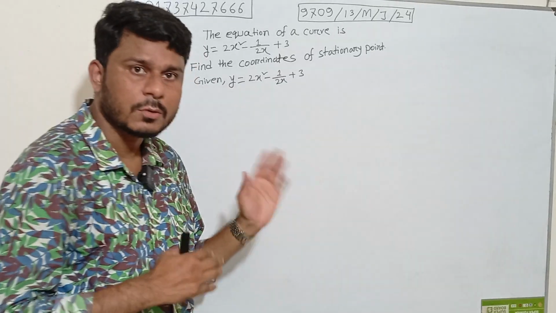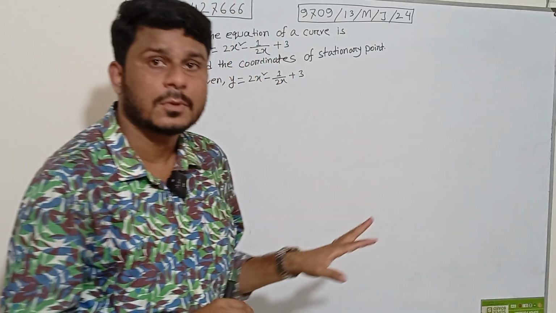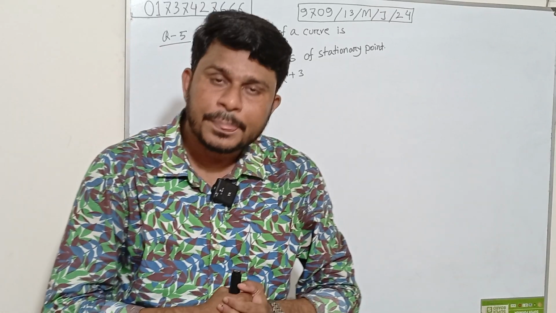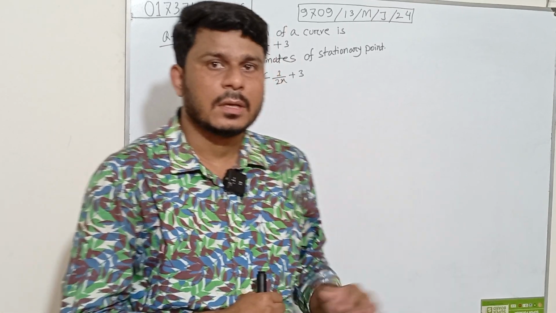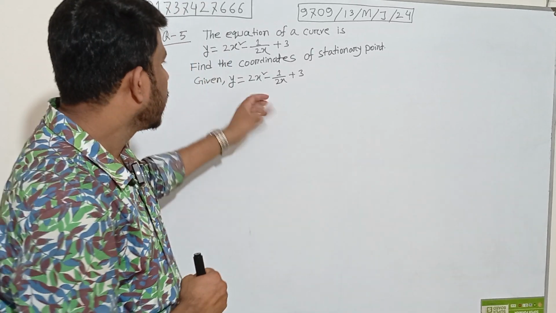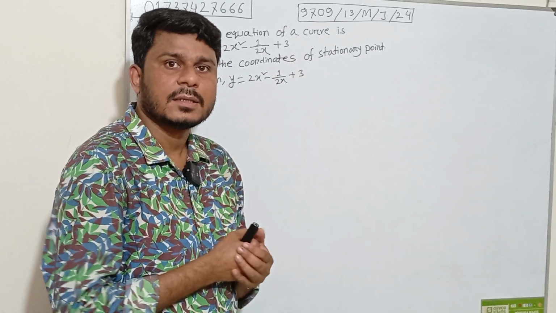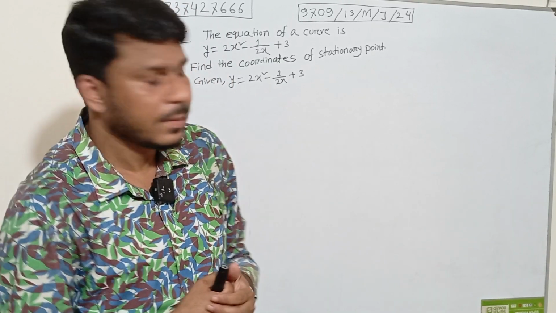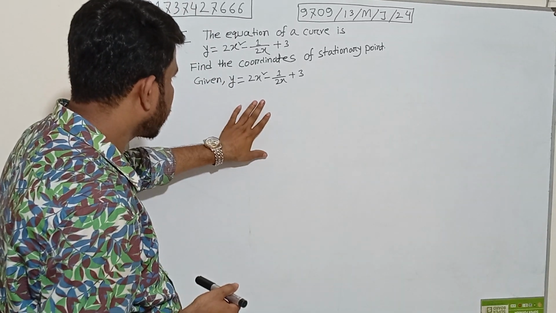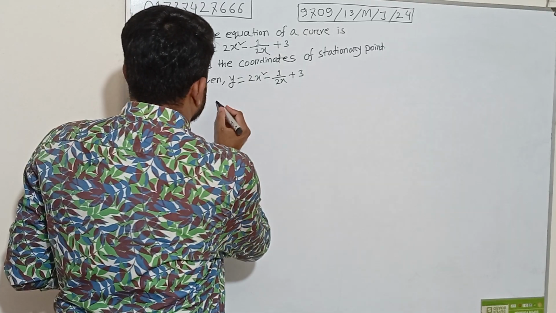If we want to find the coordinates of a stationary point, first of all we have to differentiate this equation, and then set the first derivative equal to 0.